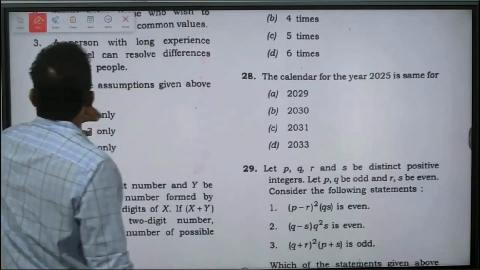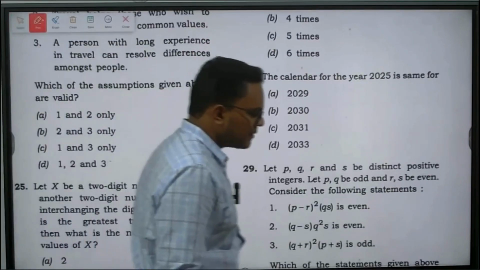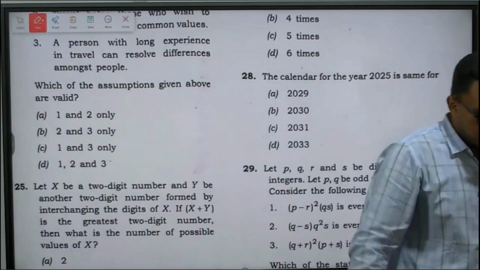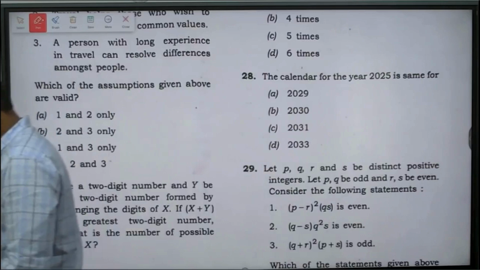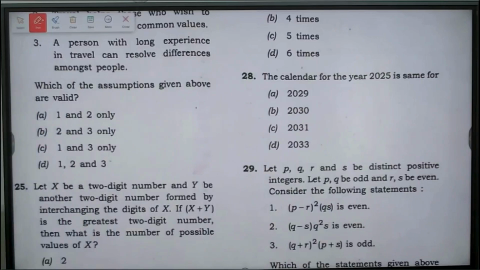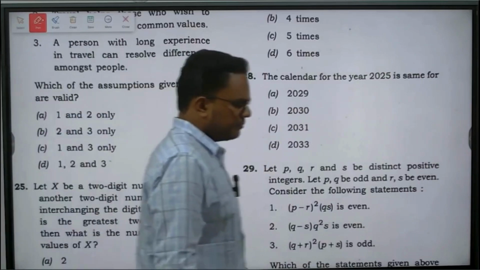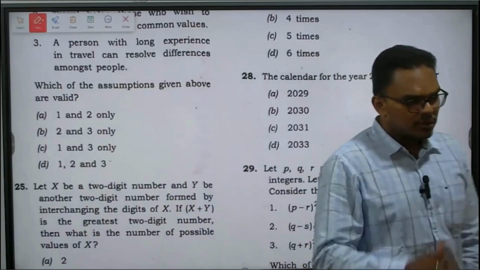See, this is a relatively simple question. But how? You need to know two things.